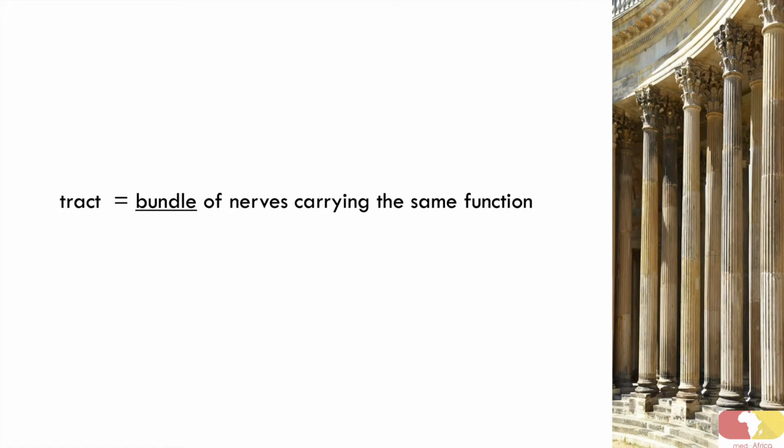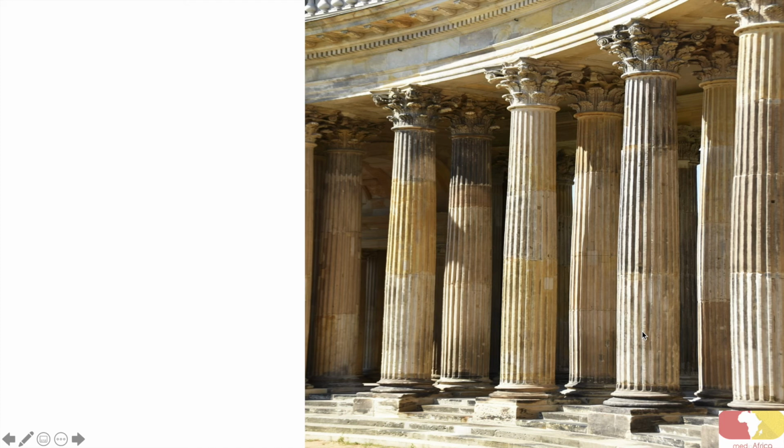Another way that I find it easier to understand a tract is to think about it as a column. And I've used this picture of columns to illustrate. So imagine that this column only has one job, or the nerves that are traveling in this column only have one job. I'll zoom into that picture further.